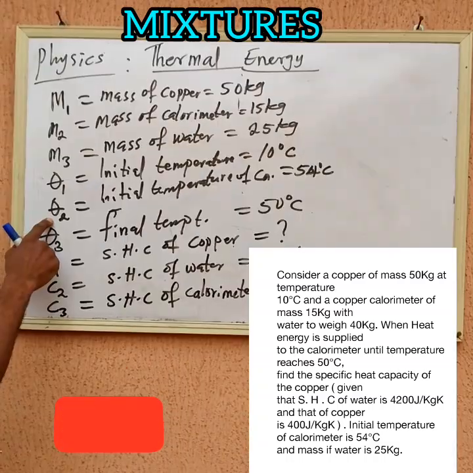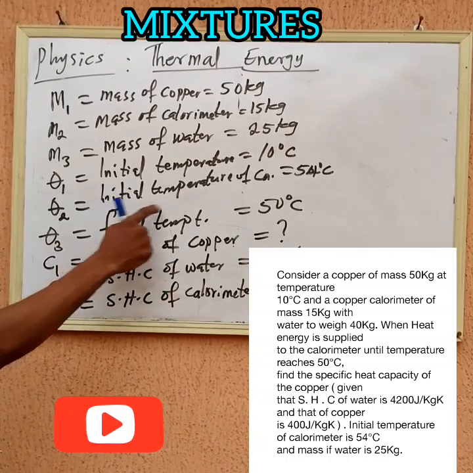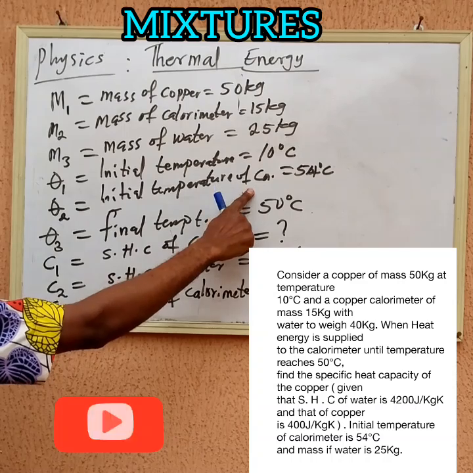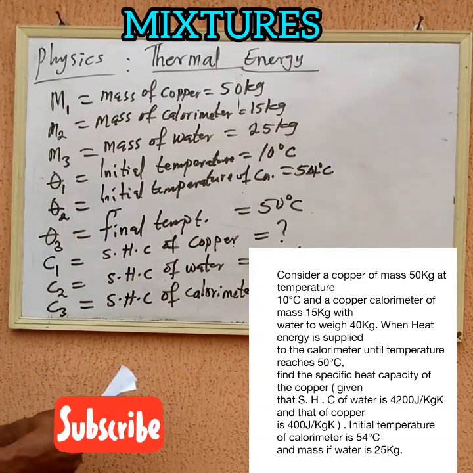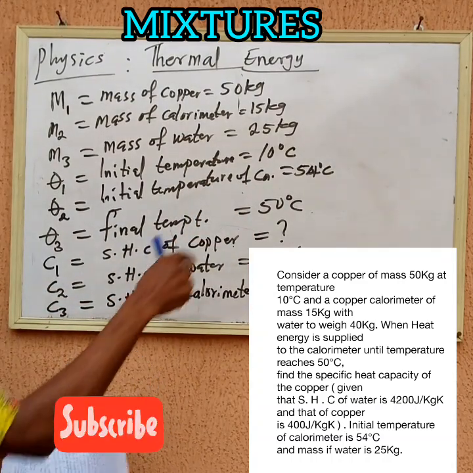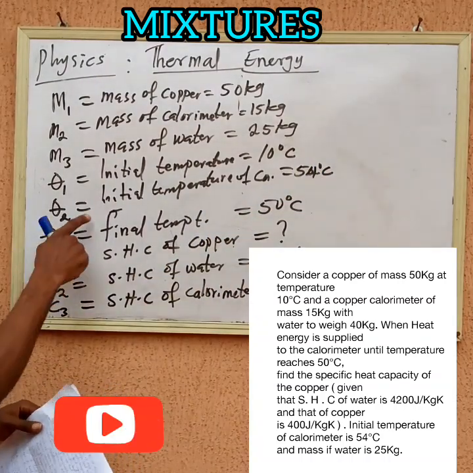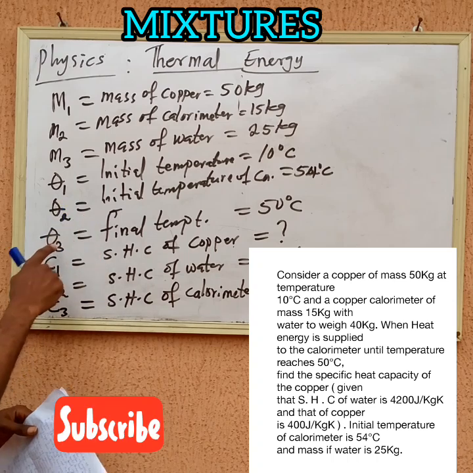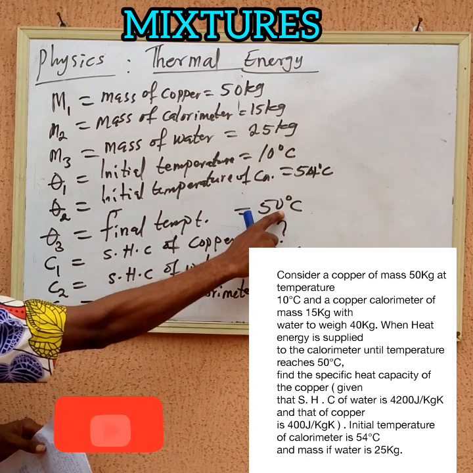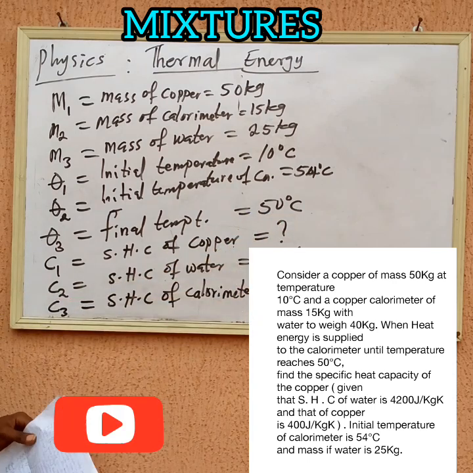Then let theta 2 represent the initial temperature of the calorimeter. From the question, the initial temperature of the calorimeter is 54 degrees Celsius. Then after the whole system, the final temperature of the mixture becomes 50 degrees Celsius.